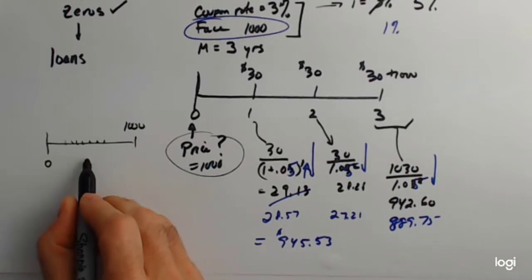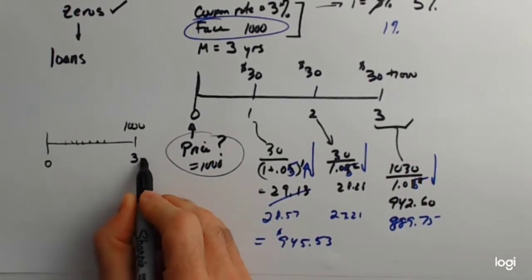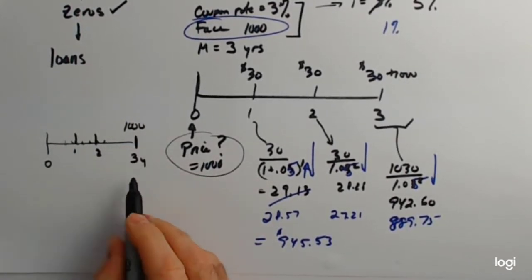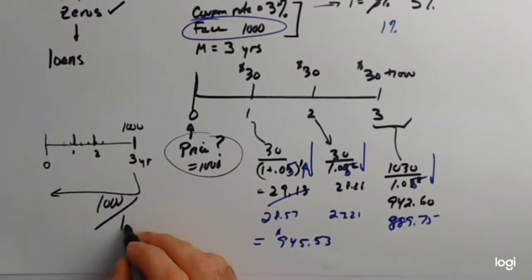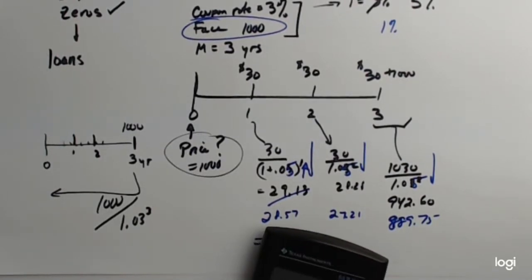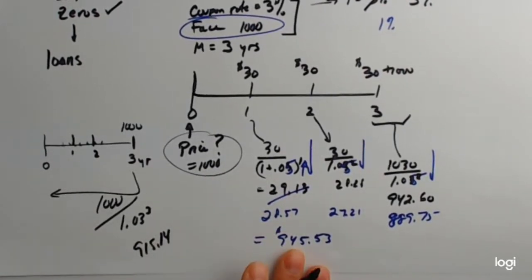So if interest rates are 3%, and this is 3 years, what is the price of this bond today? Well, it's $1,000, and if interest rates are 3%, you discount that back, and we get that this bond is worth $915.14, and that would be called a zero coupon bond.